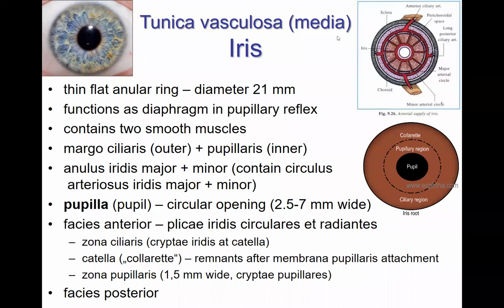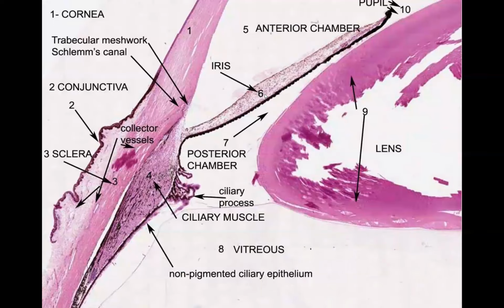So what is the iris? Maybe I'll come back to this figure, nicely visible. The iris is the continuation of the choroid and ciliary body ventrally. And it forms the pupil here. So you can see that the uvea, or the vasculose tunica, is a continuation of three structures: choroid, ciliary body, and iris.